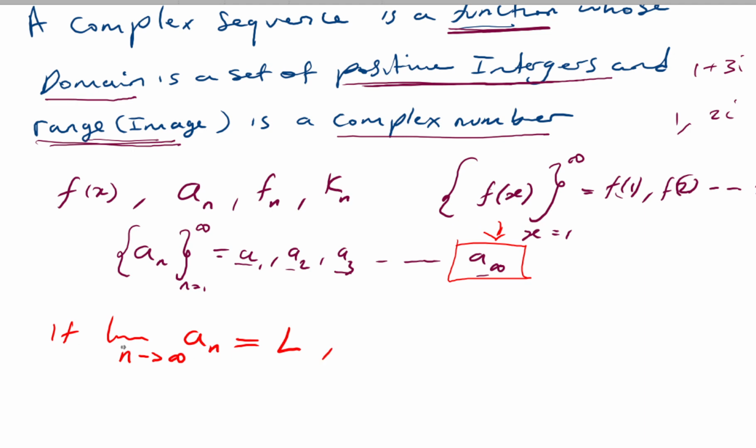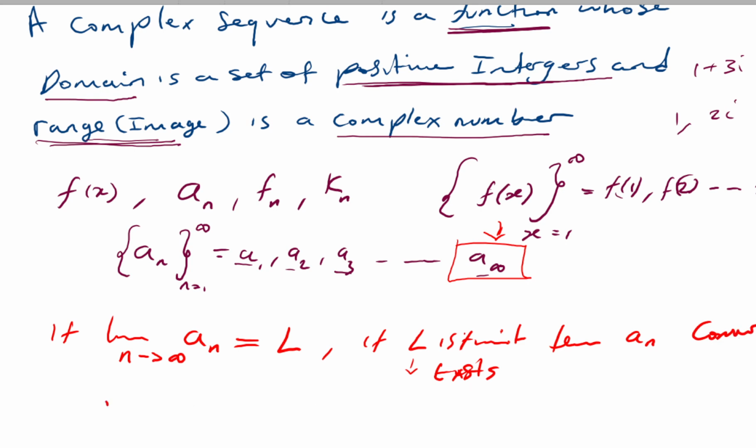So if the limit as n approaches infinity of an is equal to L, and if L is finite, we can count L. It can be a complex number or a real number, but L has to be finite. It should not be infinity, and it should exist. So if L is finite and exists, then an converges.